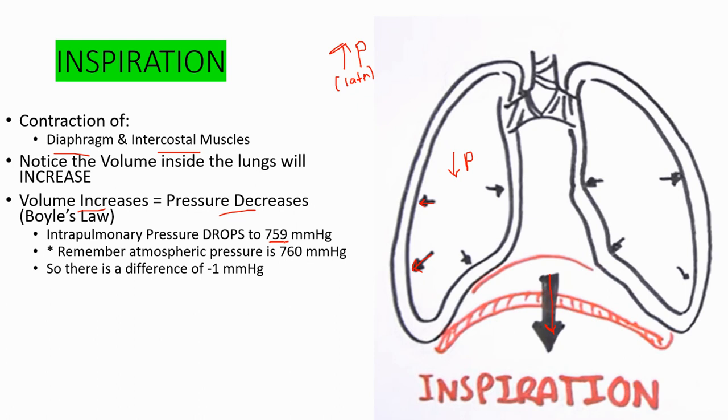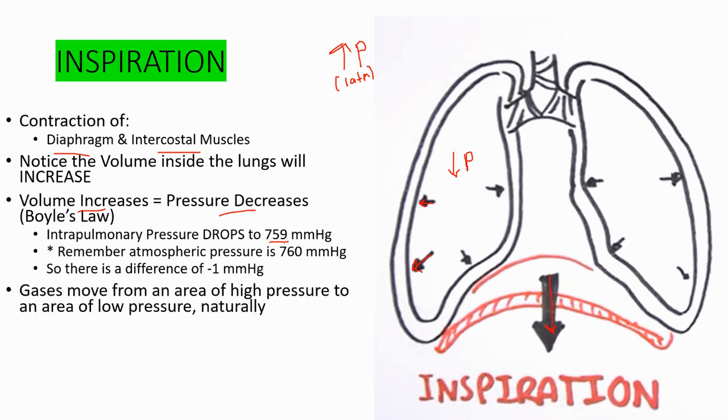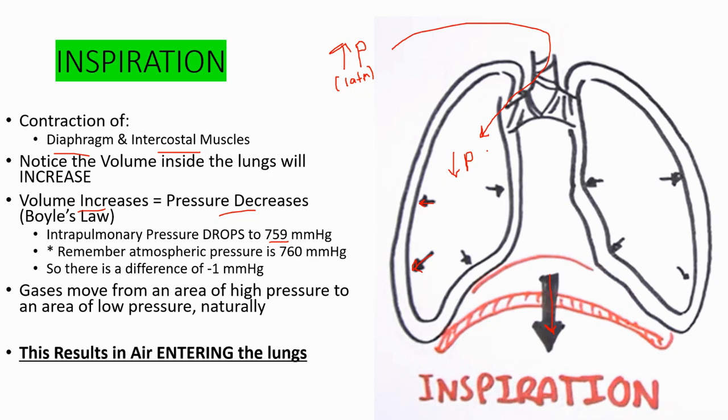So it's only dropped 1 millimeter of mercury, but that is enough for gas to go from that area of high pressure to low pressure, even if it's just a change of 1 millimeter of mercury. This is going to result in air entering the lungs.